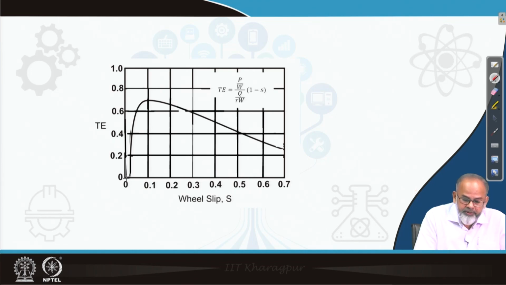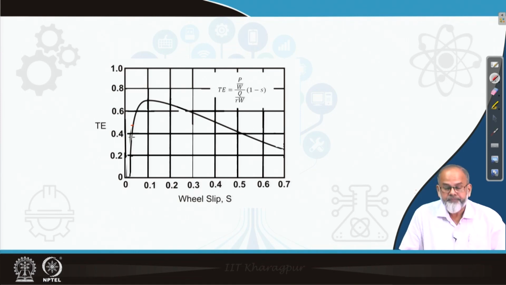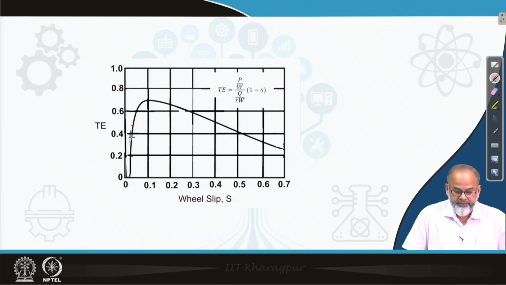Now, if you look at the plot, initially it starts at a very fast rate up to this point, and then afterwards its rise is reduced, reaches a peak, then it goes down. So what happens? Initially, why does it rise sharply? Because there is a distortion in the tire tread.